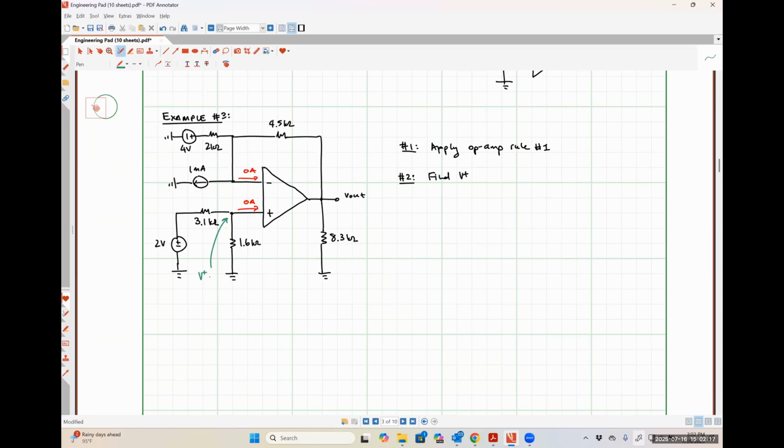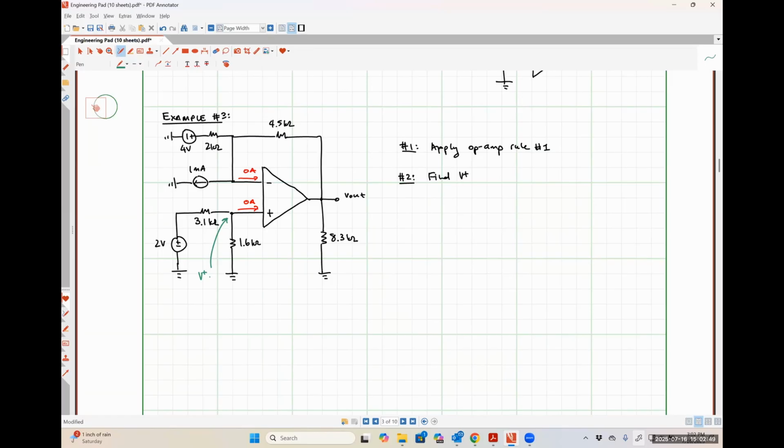That is going to be the same thing, for what it's worth, as the voltage drop across the 1.6 kilo ohm resistor, because our voltage V plus is the voltage at the non-inverting input node with respect to ground, and there is a 1.6 kilo ohm resistor connected between the non-inverting input node and ground. So all I'm interested in here really is the voltage drop across the 1.6 kilo ohm resistor.